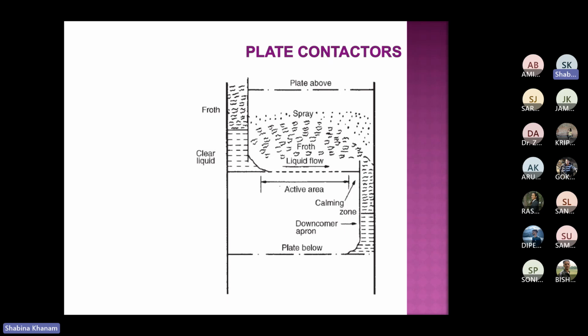Another point is if vapor velocity is too low. What is the meaning of this? Vapor will not be able to move through these holes. And we have discussed before that vapor is the only entity which holds the liquid over the plate and does not allow liquid to move down. If vapor flow is too low, liquid will start dripping from these holes downward.